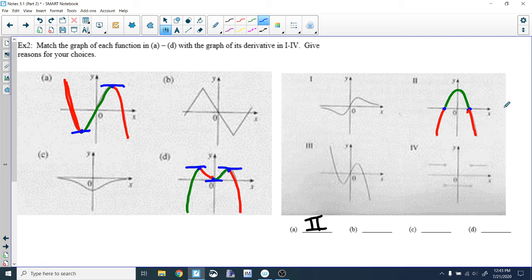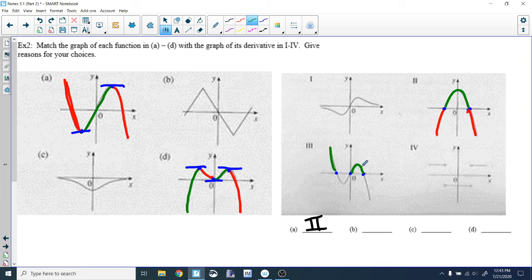So can you match it up? I hope you're saying 3. Oh my gosh, it's 3, right? There is, first of all, 1, 2, 3 places where it crosses the x-axis, making a derivative value of 0. It is above the x-axis in this interval, and it's above the x-axis in this interval. Yes, this whole thing.